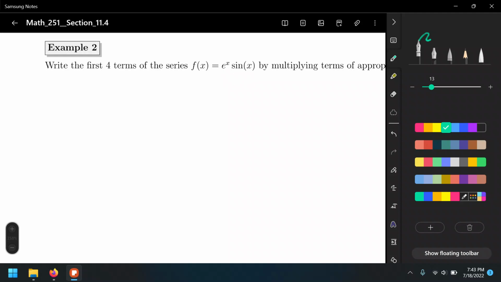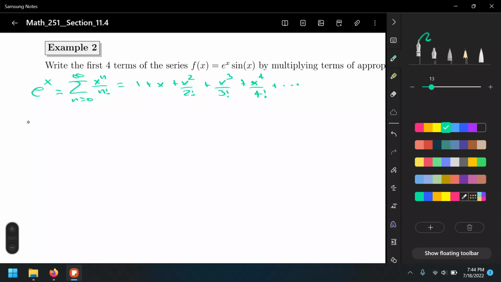Well, on the one hand, let's write their corresponding power series. E to the x is sigma n equals 0 to infinity x to the n over n factorial, and that's 1 plus x plus x squared over 2 factorial plus x cubed over 3 factorial plus x to the 4th over 4 factorial, etc. Recall these 3 dots indicate that it's an infinite series.